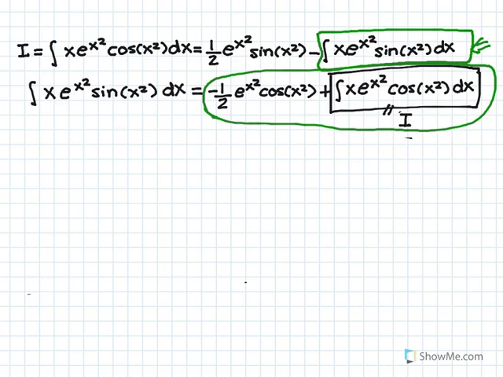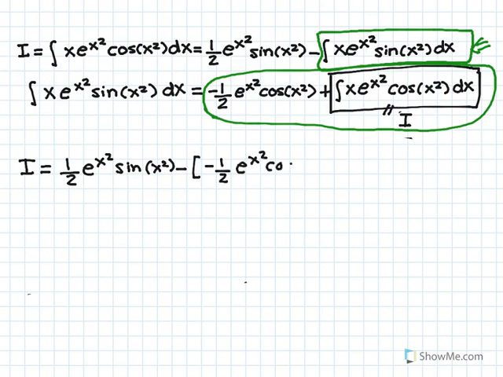And now we just have to organize the answer, solve for the unknown integral. So what we have is I is equal to 1/2 e to the x squared sine of x squared minus bracket negative 1/2 e to the x squared cosine of x squared plus I. Let's distribute the negative 1 and remove the brackets.